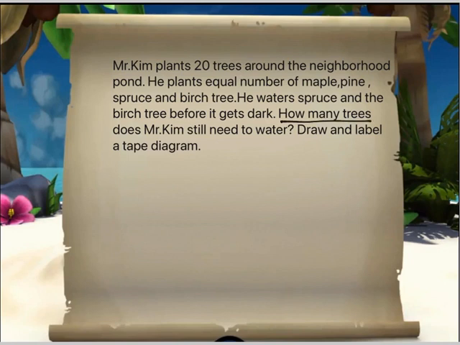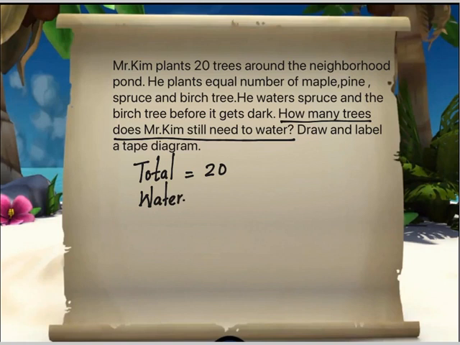Now let us move on to the third part of the question. How many trees does Mr. Kim still need to water? We know the total number of trees is 20, and we also know that he watered 10 trees. So Mr. Kim still needs to water 20 minus 10. Total minus number of trees watered.